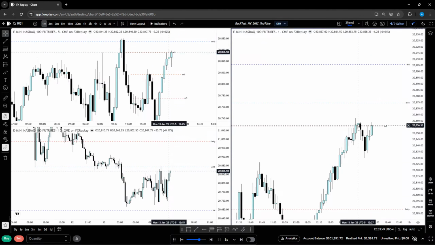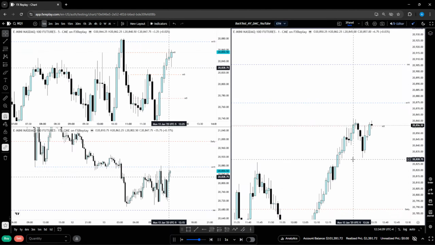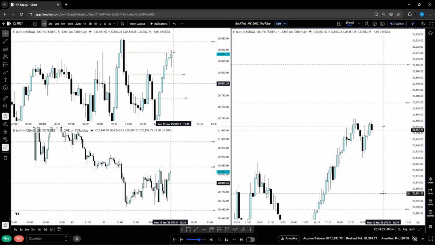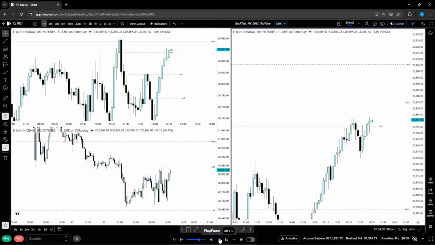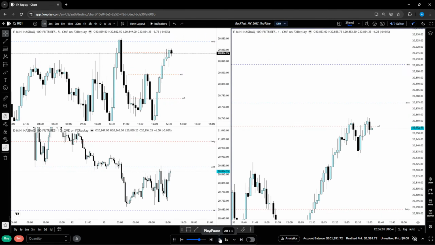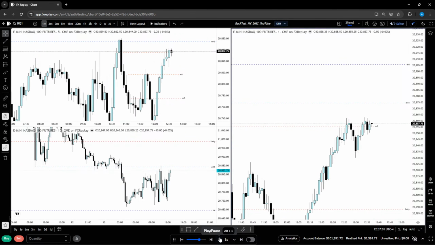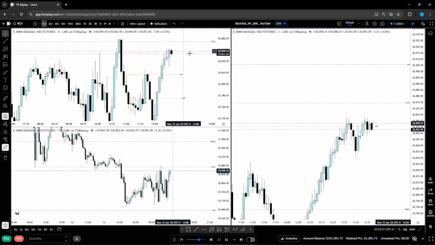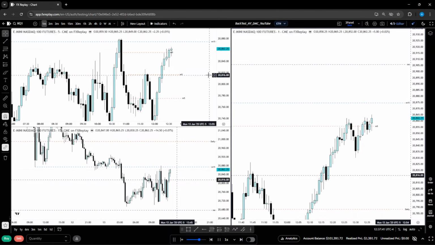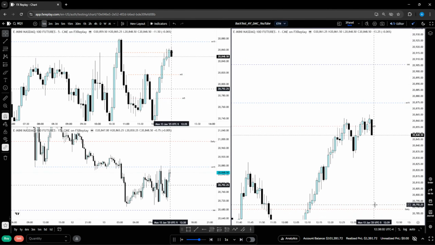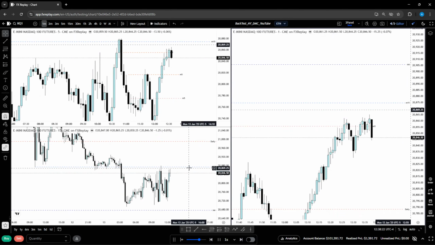We'll be interested to see if we can close above this high in 1 minute, or are we gonna break down again? Looks like we're going higher a little bit. We're still having the failure swing. And this is 12:37, so we're still in a lunch hour.